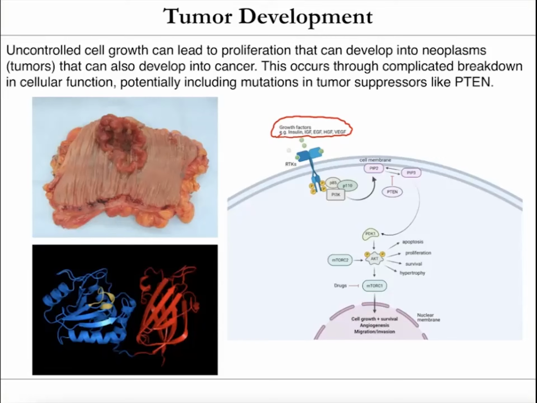So you have insulin, epidermal growth factor, VEGF, that's a really common one. These growth factors will bind to receptors on the cell, and then there'll be a complicated series of interactions between proteins and changes in the cell that'll ultimately lead to cell growth and possibly differentiation. But cell growth is what we're talking about.